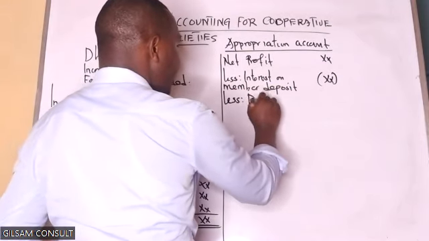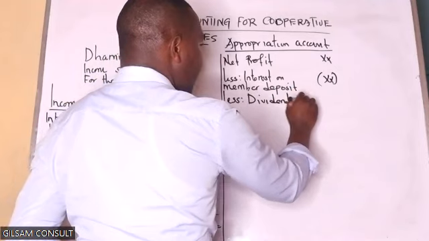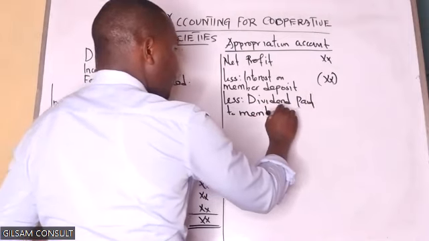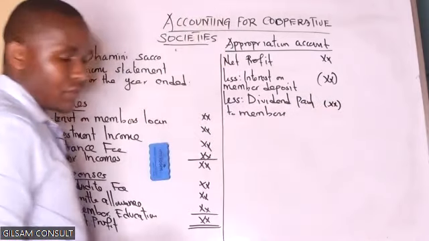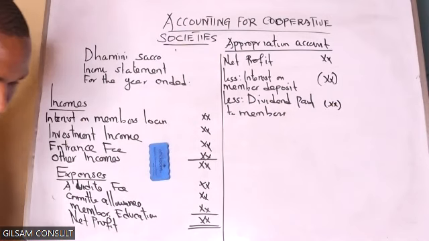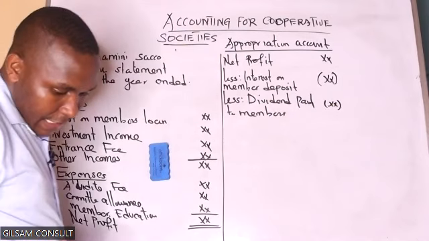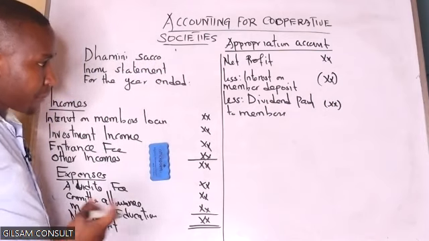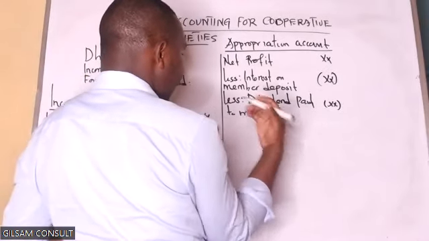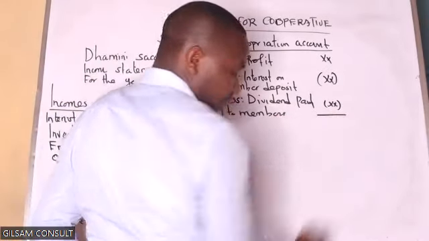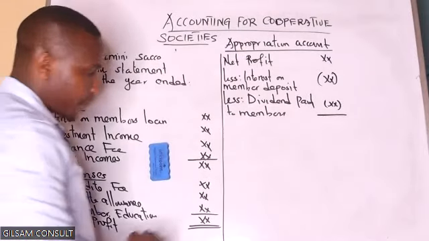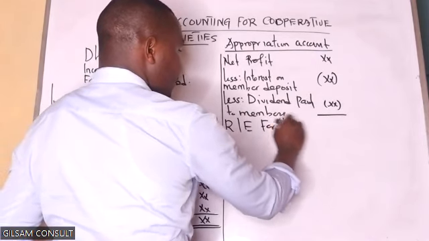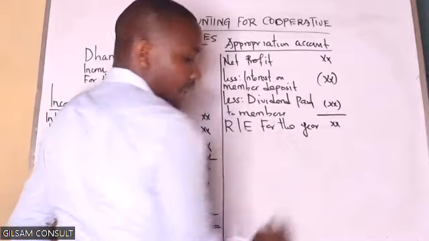We also have the proposed dividend, so it is the same. Once you have that one, you get now the retained profit for the year.